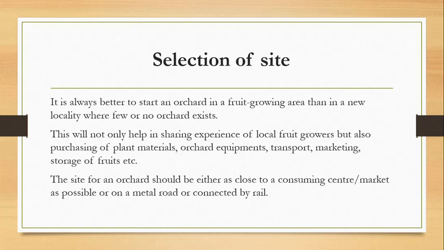Now for the selection of site, it is always better to start an orchard in a fruit growing area than in a new locality where few or no orchards exist.